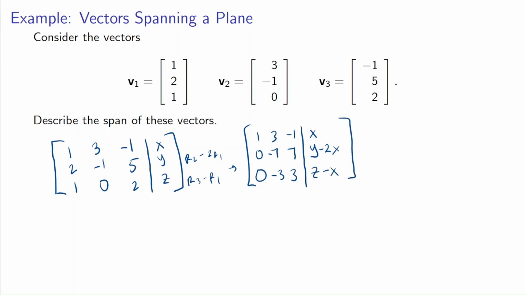We can now scale row 2 by dividing it by negative 7 to get a 1 in that pivot. So 1, 3, negative 1, x, 0, 1, negative 1. And then this is going to be y minus 2x divided by negative 7.